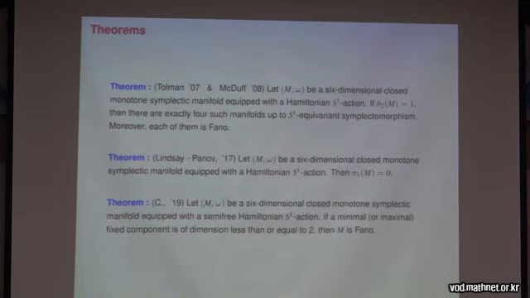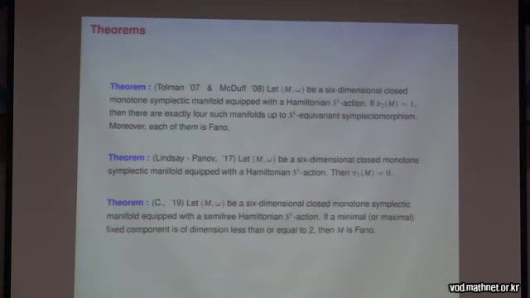If we have a 6-dimensional monotone symplectic manifold, and especially the Hamiltonian action is semifree, and furthermore, if we assume that the minimal or maximal fixed component is of dimension less than or equal to 2, then M is Fano.